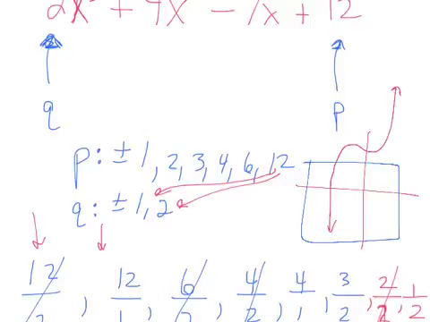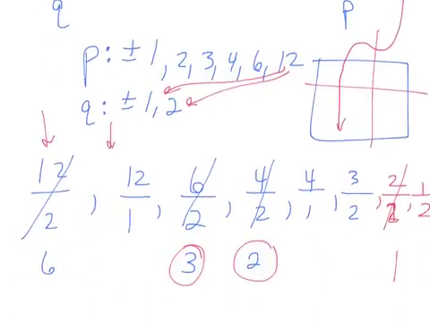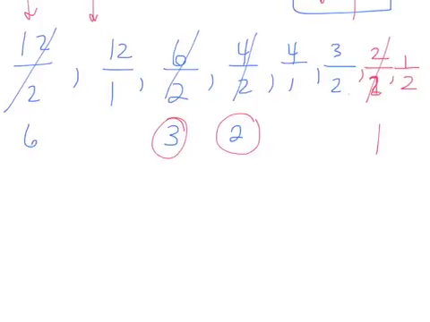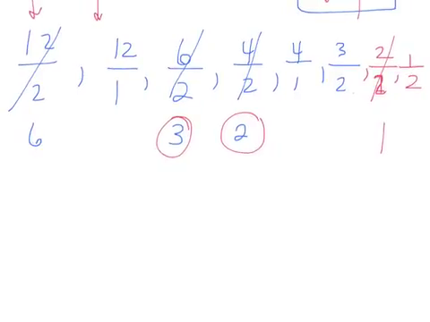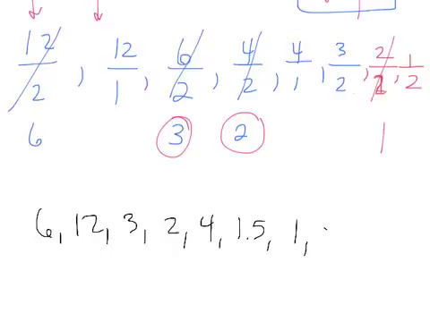Hypothetically speaking, though, what is that closest to? It was around negative 3 point 4. That's not really close to any of these, though, right? If we list our roots, we have plus or minus 6, 12, 3, 2, 4, 1.5, 1, and 0.5. So what does that tell me?